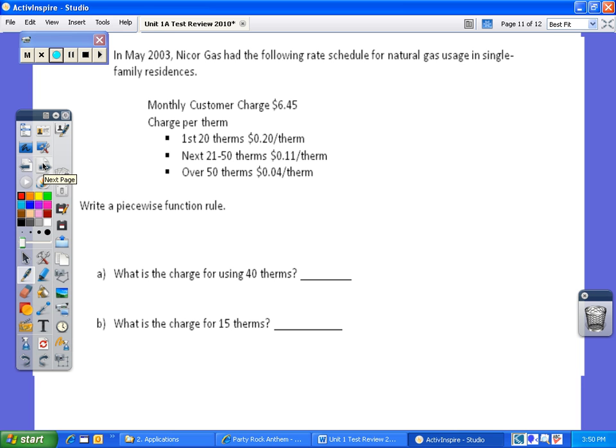In May 2003, Nicker Gas had the following rate schedule for natural gas usage in single-family residences.